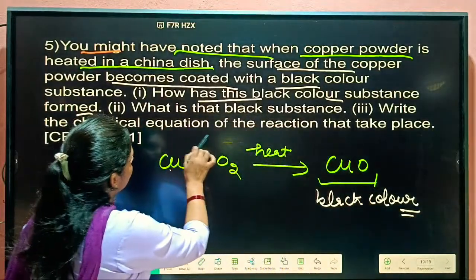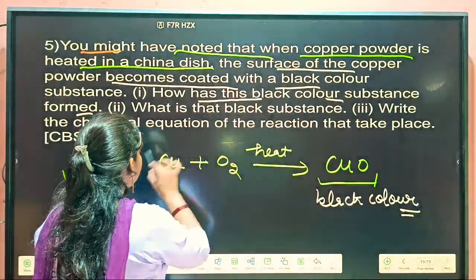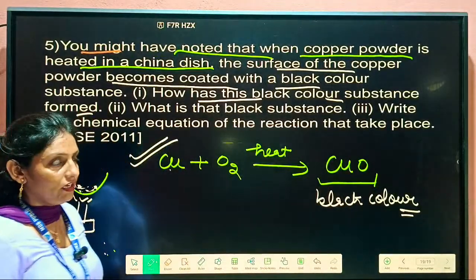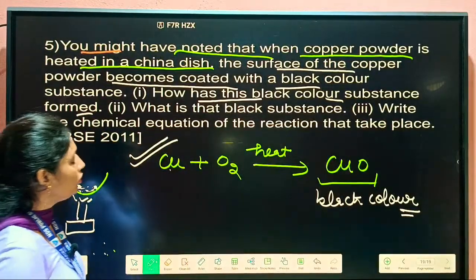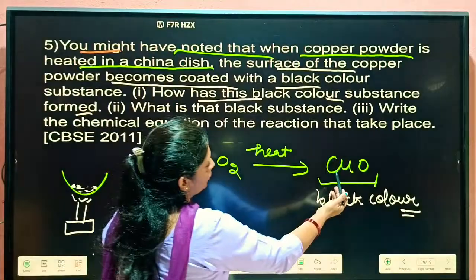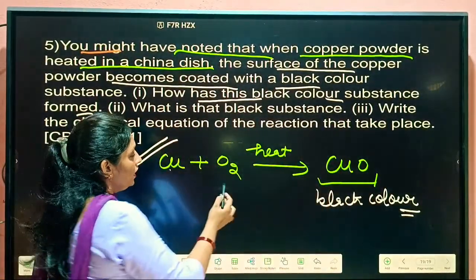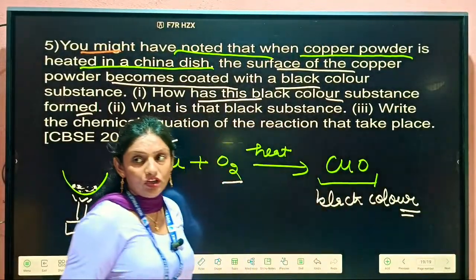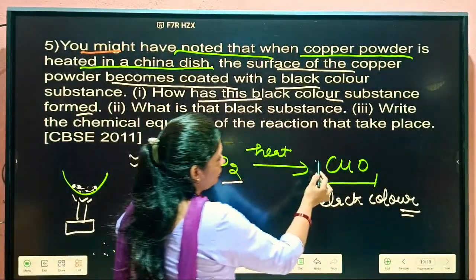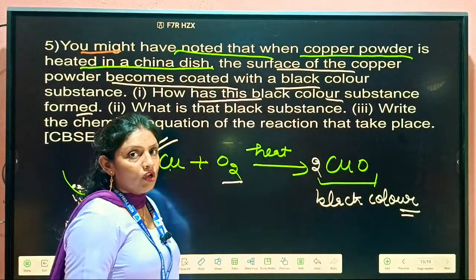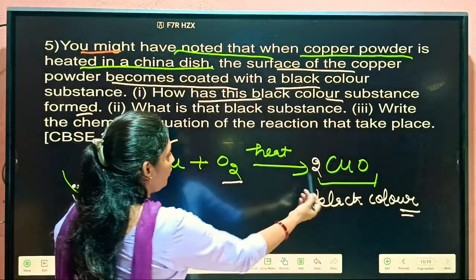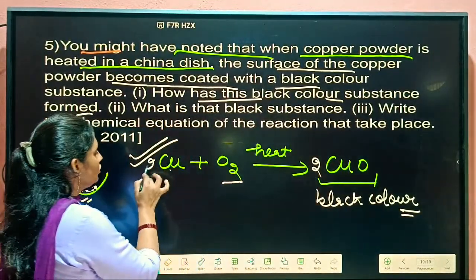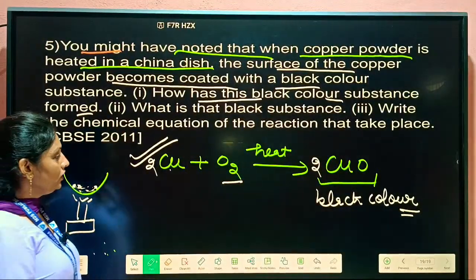The chemical equation we have already written here. Now balance it also. Here one copper, in the product side also one copper. In the reactant side oxygen is 2, but in the product side only one oxygen. So you multiply this by 2. Further you will check, here copper 2 but here only 1, so you multiply this one by 2.